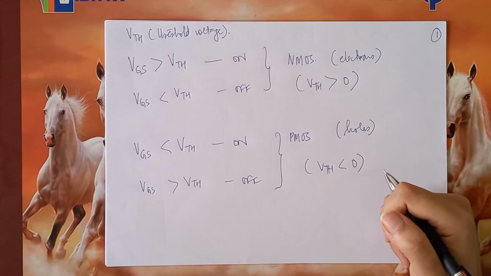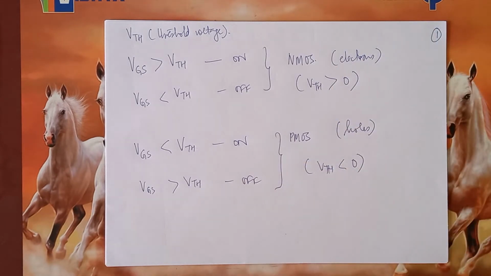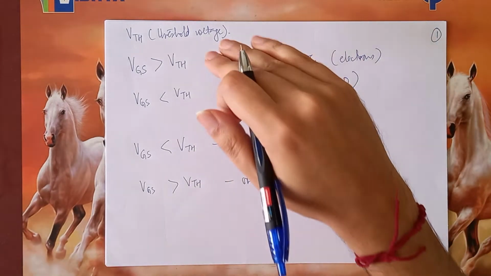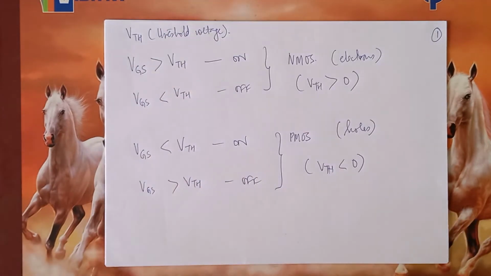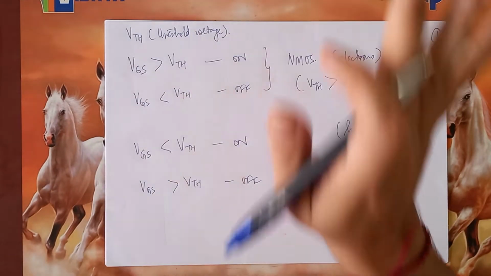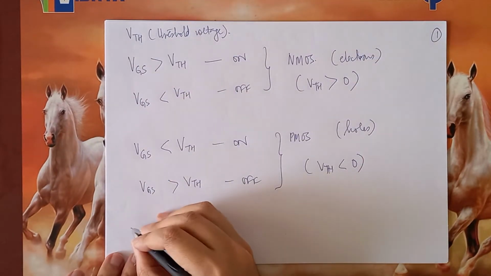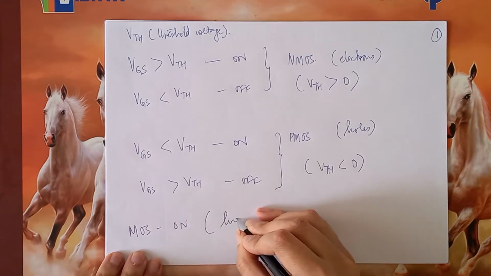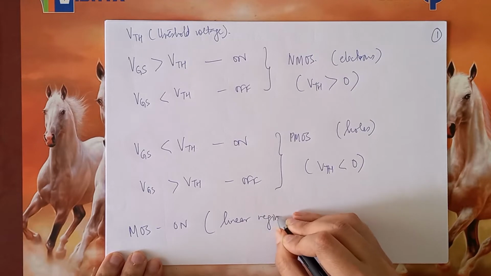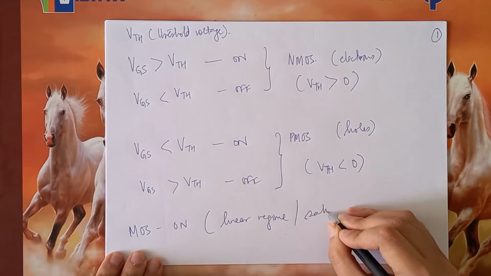We saw that even when the transistor is on, there are two ways in which it can behave. One is called the linear regime, the other is called the saturation regime. So if the MOSFET is on, it can be either in the linear regime or in the saturation regime.